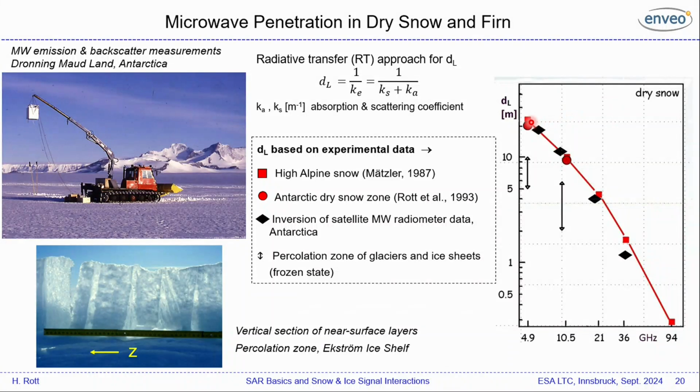It shows typical average values for dry snow, which is non-refrozen. It may be temperature metamorphic, but not melt-freeze metamorphic. Here at C-band we have 20 meters, we come up to 10 meters at X-band, and then it decreases. For example, in Ka-band it's in the order of not much more than 1 meter.